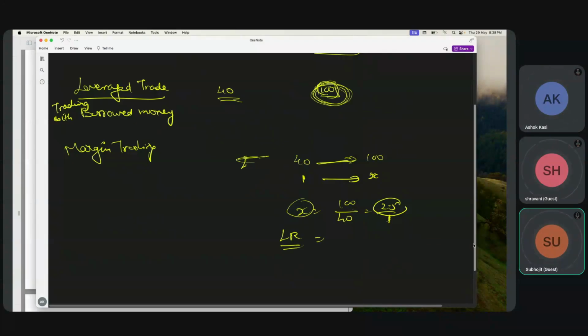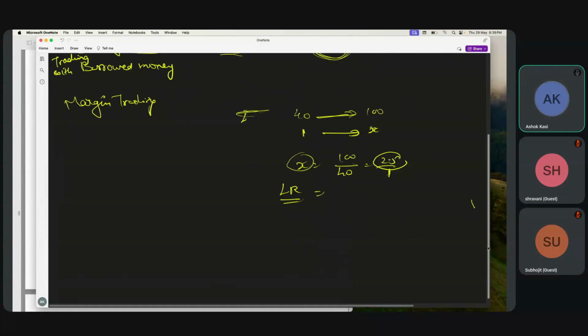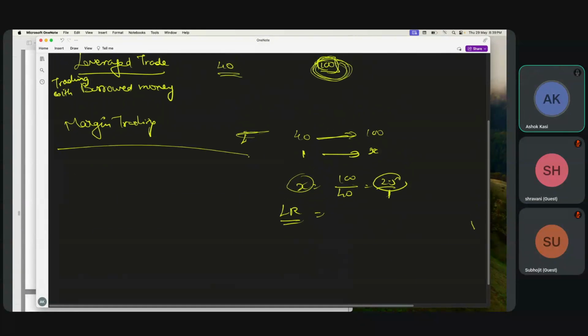Okay. So leveraged trade means with 1 rupee, you can trade for what amount? In the cash market, meaning the equity market, with 1 rupee you can trade for 1 rupee of assets only. With 100 rupees you can trade for 100 rupees of assets.